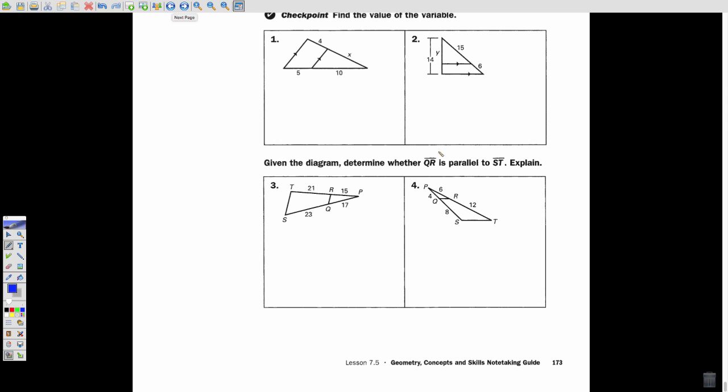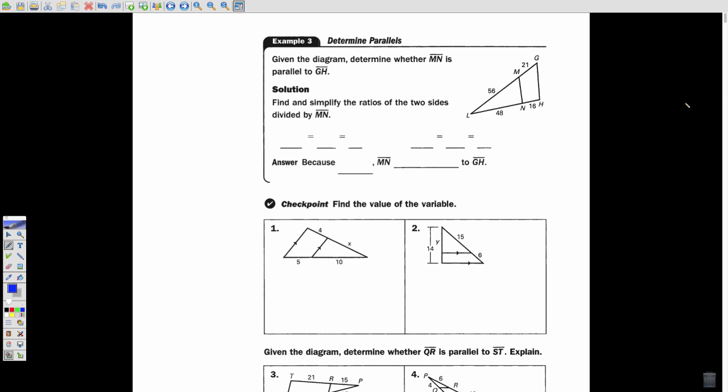So let's look at the example here. Given the diagram, determine if MN is parallel to GH. So we're given these segments. All we need to do is set up the proportion, right? Because if these two are parallel, we must find the proportions of each. So let's do that. LM over MG is 56 over 21.